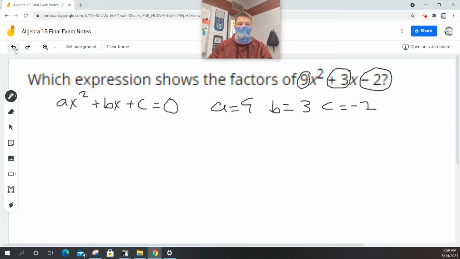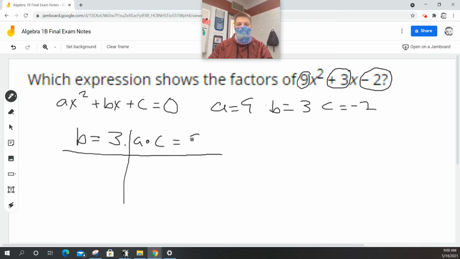So then what I need to do, the AC method works like this. I need to think of two terms that when I add them together, they equal b, which is 3. But those same two terms, when I multiply them together, they equal a times c, which in this case is 9 times -2, which is -18.